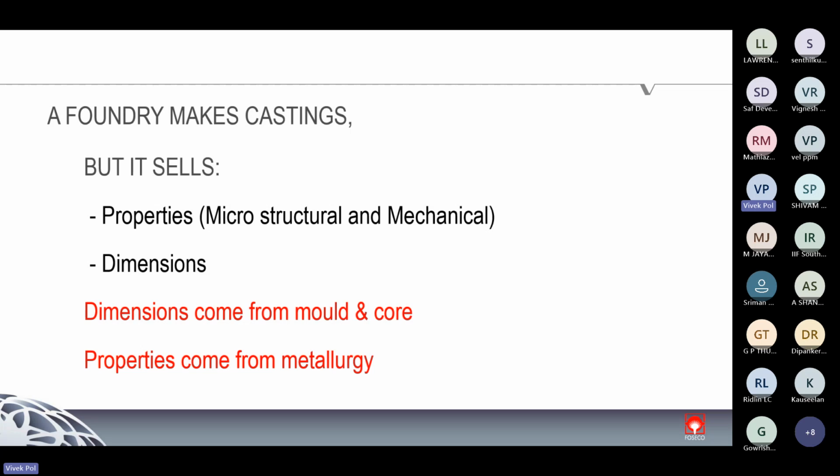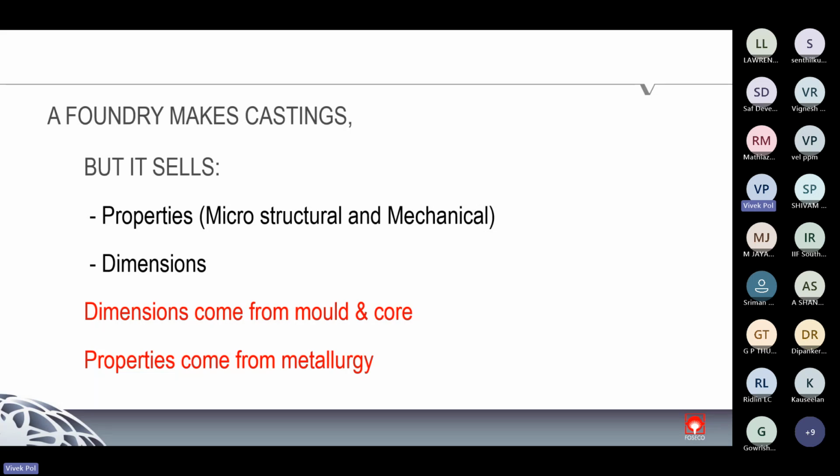So when it comes to foundry, we all know that a foundry makes castings, but it sells properties and dimensions. When it comes to properties, we are talking about microstructural and mechanical properties, which come from metallurgy. Any variation in a casting is directly related to its metallurgy.